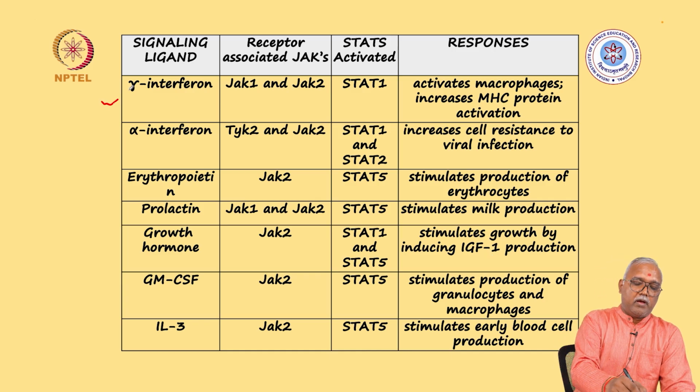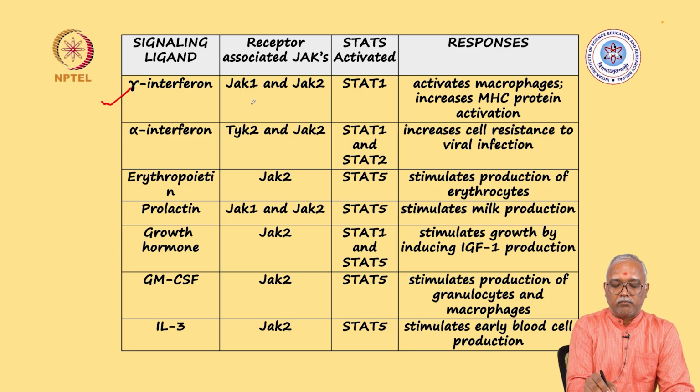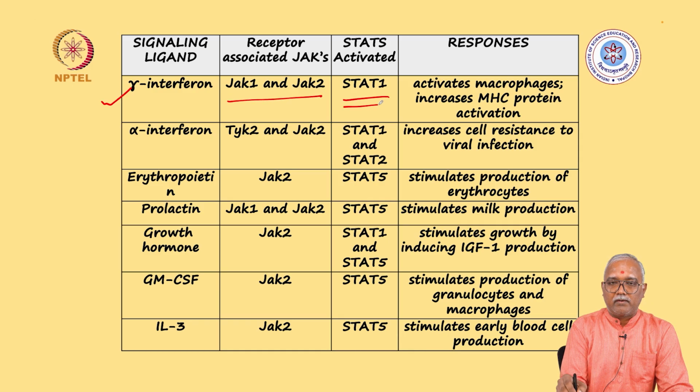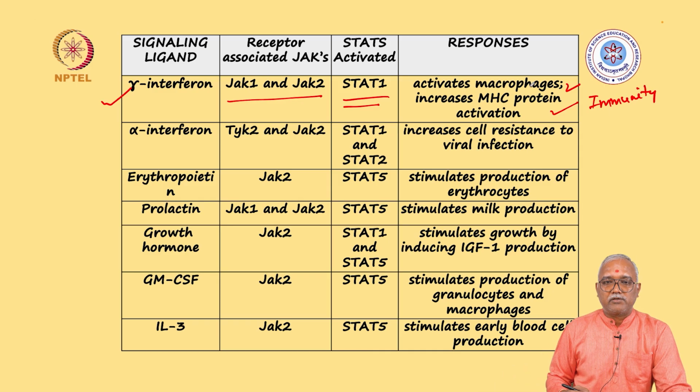Gamma interferon: what is understood through multiple research work is that JAK1 and JAK2 activate STAT1, and this signaling activates macrophages and increases MHC protein activation, basically helping in the process of immunity. We know that macrophages, when activated, can do phagocytosis and clear the pathogen.